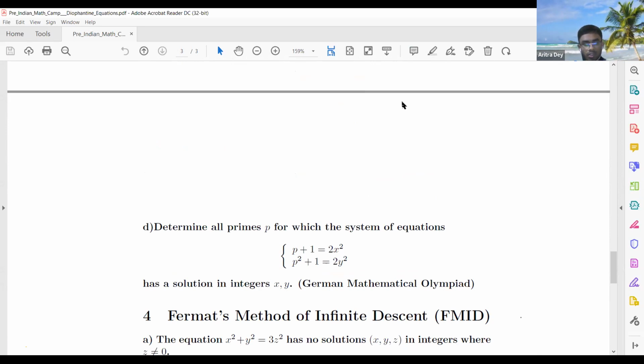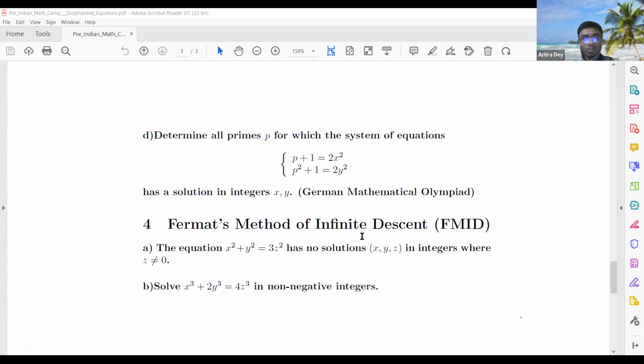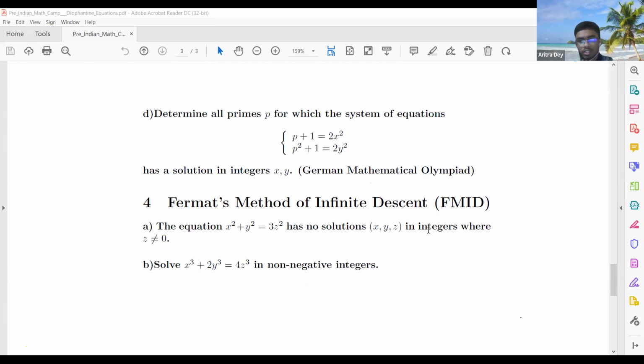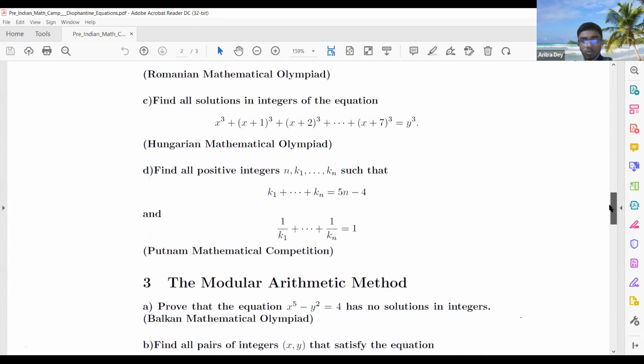So the thing is, these are not only four parts. Actually, there are a lot of methods, but for IOQM level or up to INMO level, I should say, these are actually sufficient. These four categories. Now you can see that most of the problems are taken from some national level maths Olympiad.